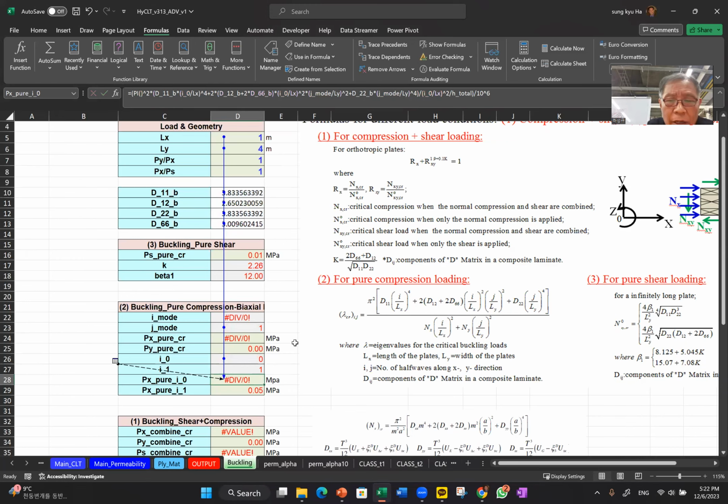I don't understand why there's a divide by 0. The more reason is this. Professor, the I0 being zero causes the problem. Yes, I0 equals zero causes the problem, because the function doesn't get the result.